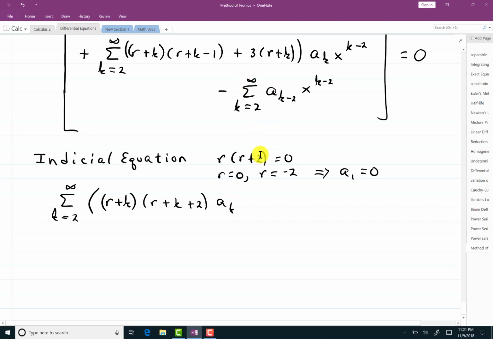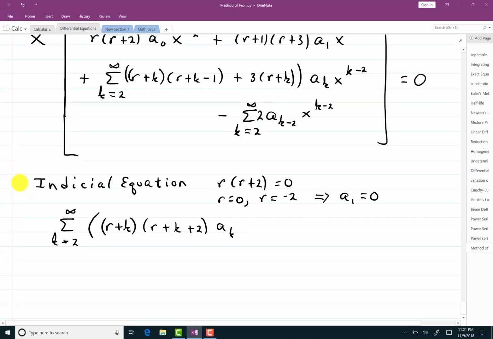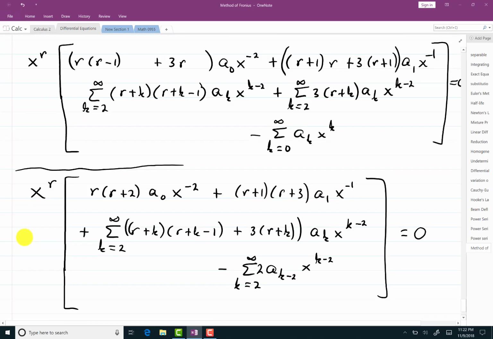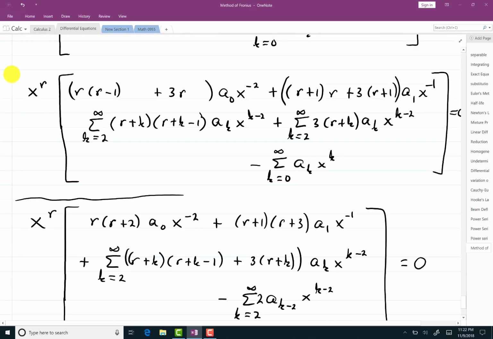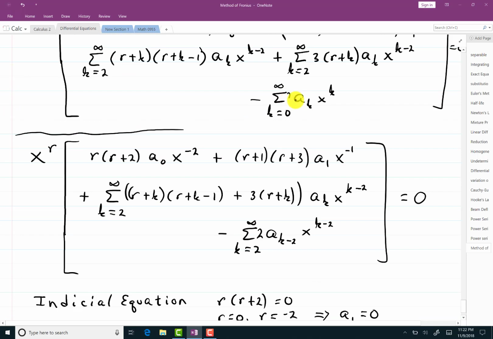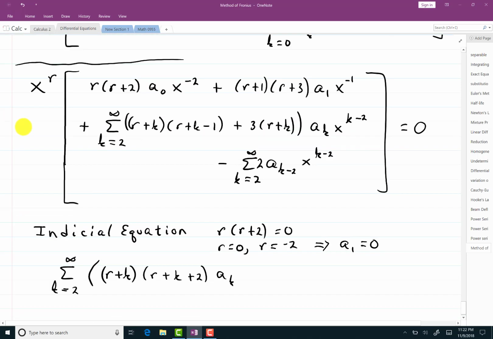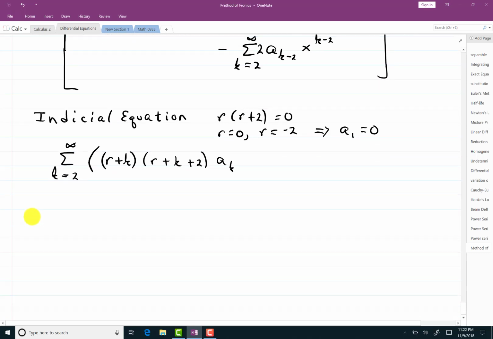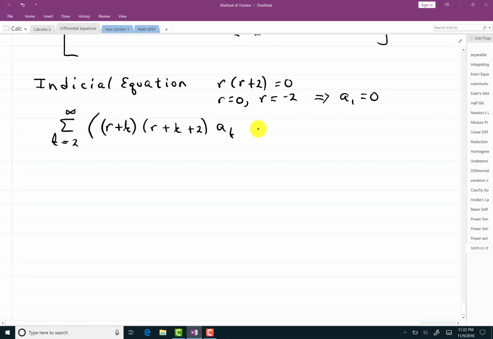And then over here, I'm not exactly sure where that went. Let's go back up here to see if I still had it. I'm not sure why I forgot that, but there it was. And all this, of course, is attached to x to the k minus 2.